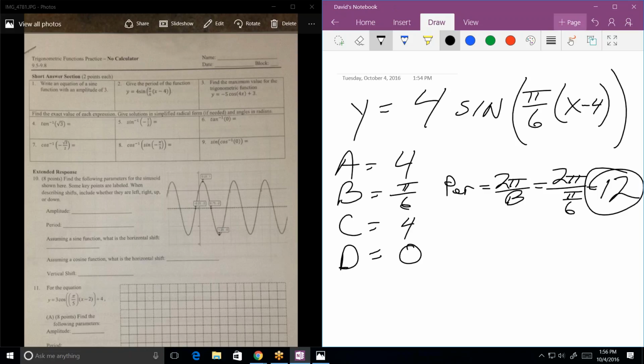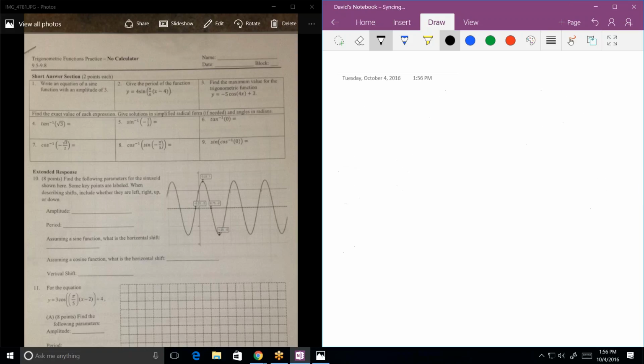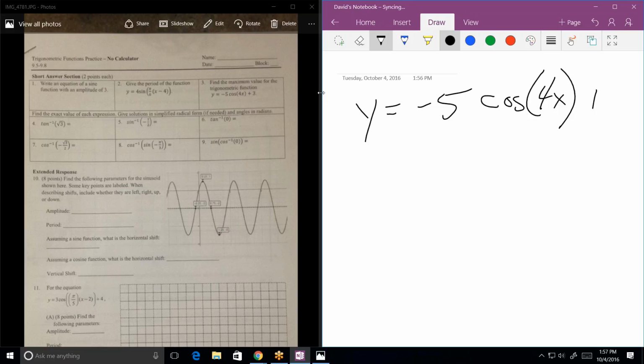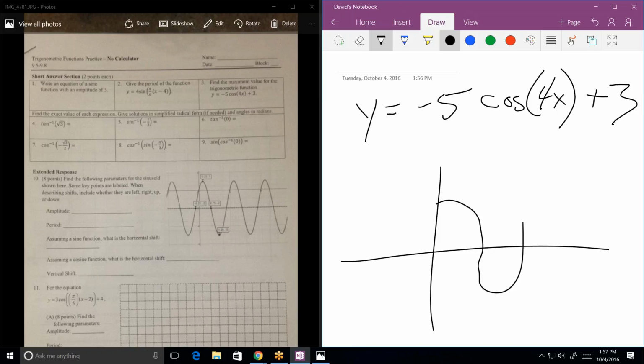Okay, let's look at the next one. Find the maximum value for this sinusoidal function. What's the maximum value of the cosine of any angle? I don't know. Cosine looks like this. And if you want to memorize anything in trig, make sure you memorize your sine and your cosine curve.